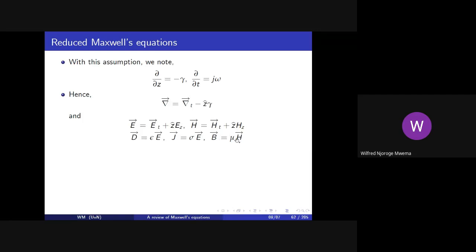But in case you are dealing with materials other than simple ones, then you might have to use a tensor for mu and a tensor for the electric permittivity epsilon.